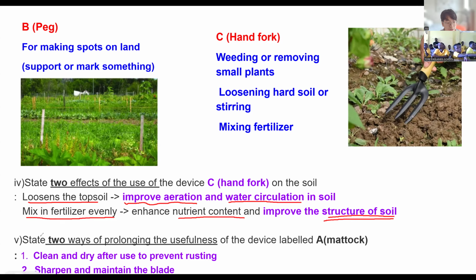Okay, finally, number five, it says to state two ways of prolonging the usefulness of the device labeled A. Remember this one, a mattock? Two ways to manage the mattock are to clean and dry it after use, preventing rusting, of course, and to strengthen and sharpen it.